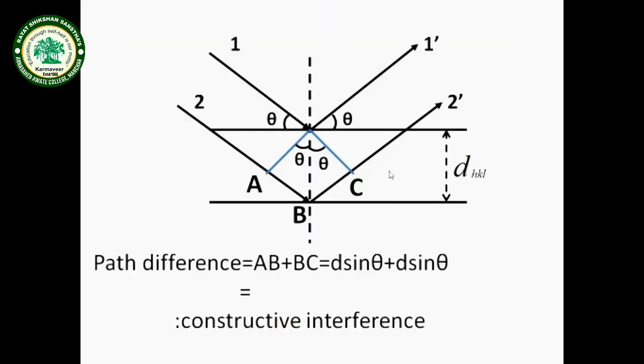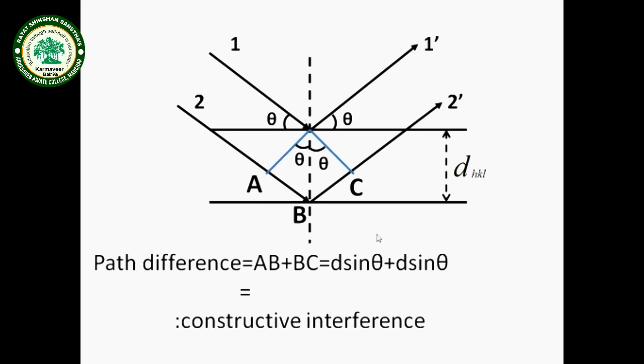For the explanation of diffraction of X-rays by a crystal, we have represented two atomic planes over here by taking an idea from Bragg's condition. These two atomic planes are separated by a perpendicular distance, the interplanar distance. And this interplanar distance will be different if we consider different sets of atomic planes.